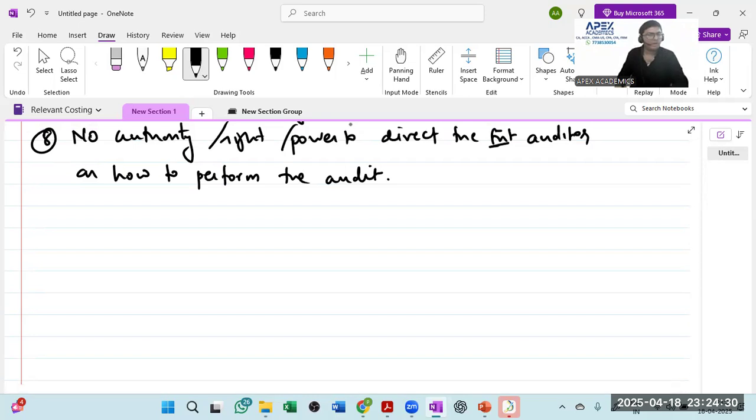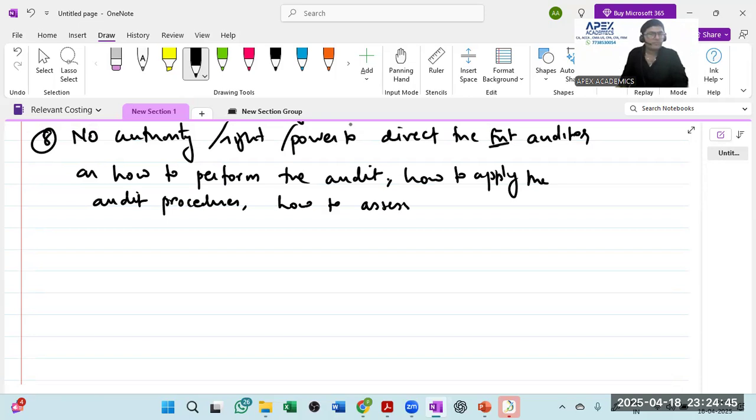How to apply the audit procedures, how to assess the risk of material misstatement. They have no authority to say anything with respect to this particular aspect.